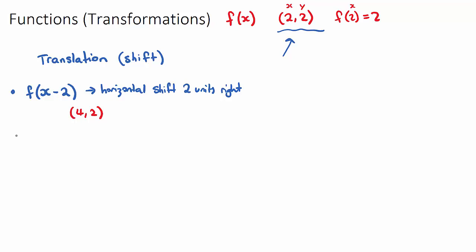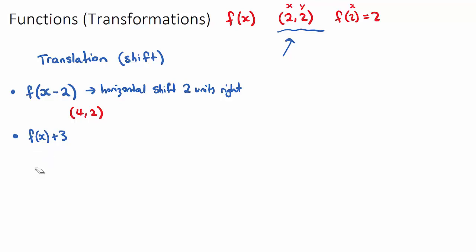Okay, what if we did a vertical shift? This would be f(x), and for example, plus 3. Notice here that the number that I added or subtracted is now outside of the bracket, and this means that we're actually shifting the y value, because f(x) is actually the same as y. Hopefully if you've been introduced to functions, f(x) is y, so we're actually adding 3 to the y value.